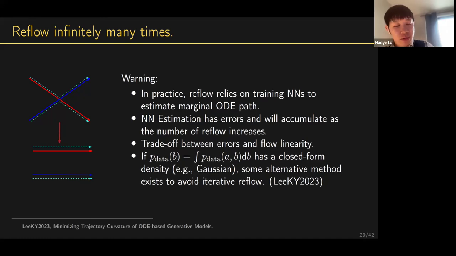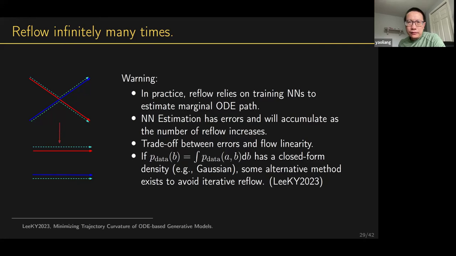But without using reflow, the curvature is still there, right? Yes, exactly. So what's its advantage over the previous DDPM kind of stuff? Usually it's easier to train, as they claimed, and because everything is in ODE, you can use sophisticated ODE solvers to solve it.